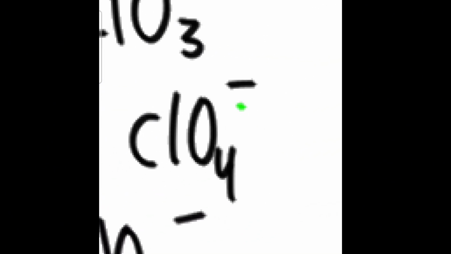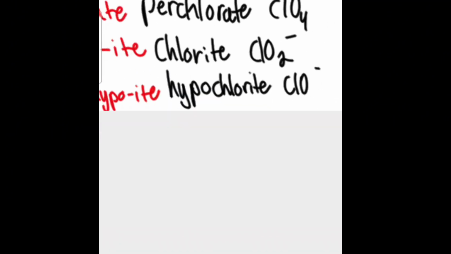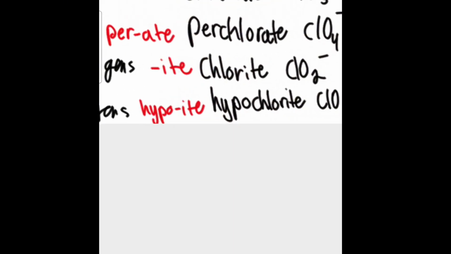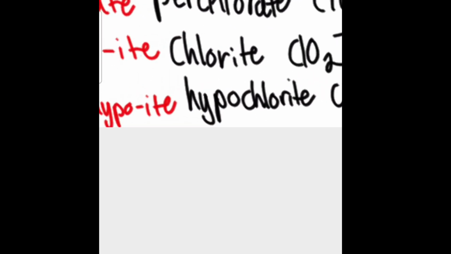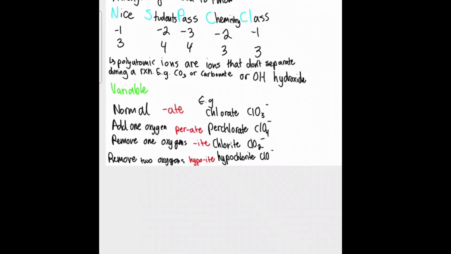An example is perchlorate, which has ClO4. It still has the same charge. Now, what if we remove 1 oxygen? Well, it's going to be ite. Chlorite, which is ClO2. Still has a charge of -1. What if we remove 2 oxygens? It would be hypo-ite, which means hypochlorite, or ClO. Still charge of -1.